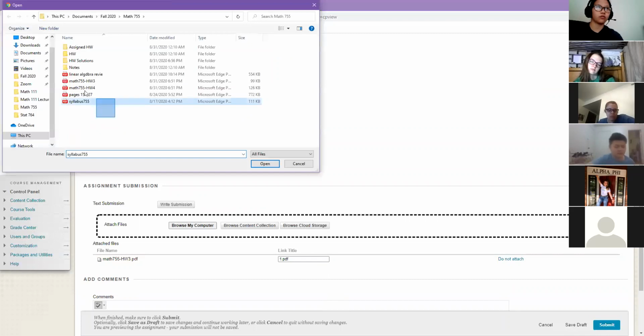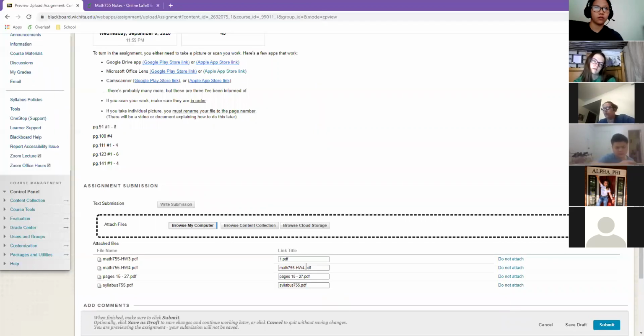If you have multiple, you would put 2, 3, and 4. Just make sure it is in order, because sometimes the pictures go out of order for some reason. So just make sure you correspond it to that.